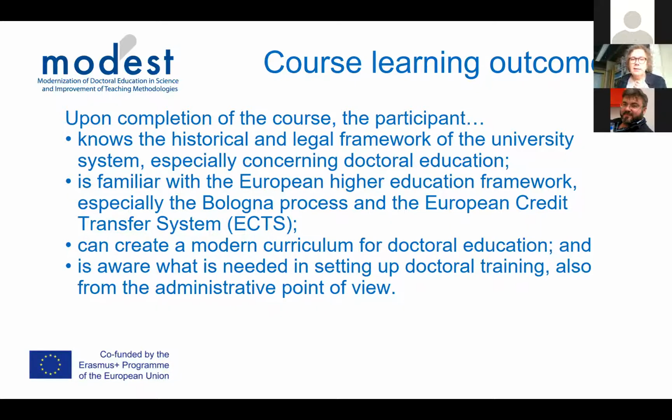There is practice on creating modern curriculum for doctoral training, and also the administrative point of view in doctoral education is touched here and practiced.